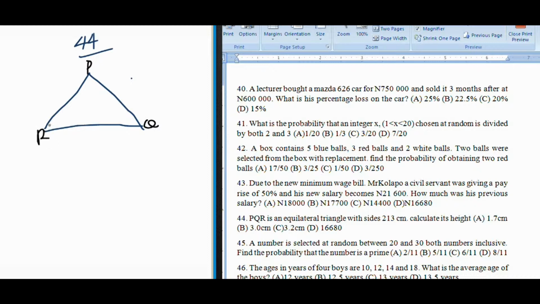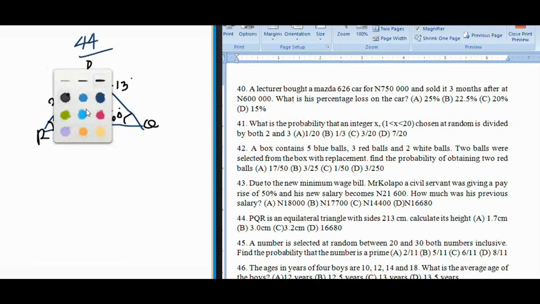Now, we are asked to calculate its height if its side is 213 centimeter, which means if here is 213 centimeter, here will be 213 centimeter, and here will be 213 centimeter.